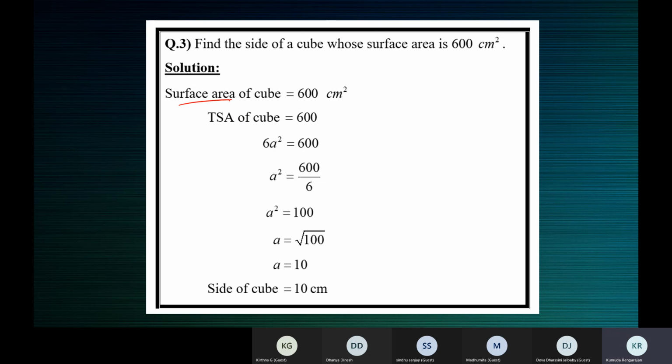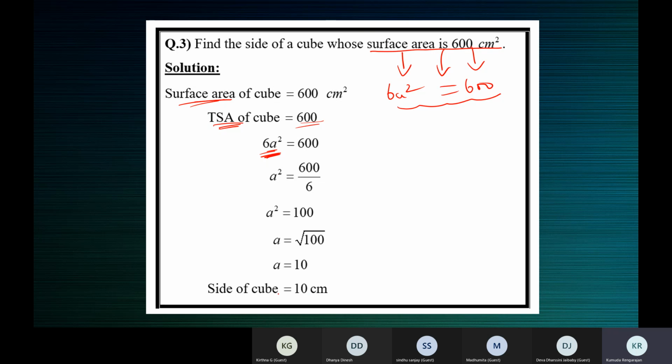Surface area always means total surface area. If it's not mentioned as curved surface area, if it's just surface area, it means TSA. So 6A square, TSA 600. That means 6A square, the surface area, is equal to 600. 6A square is equal to 600.